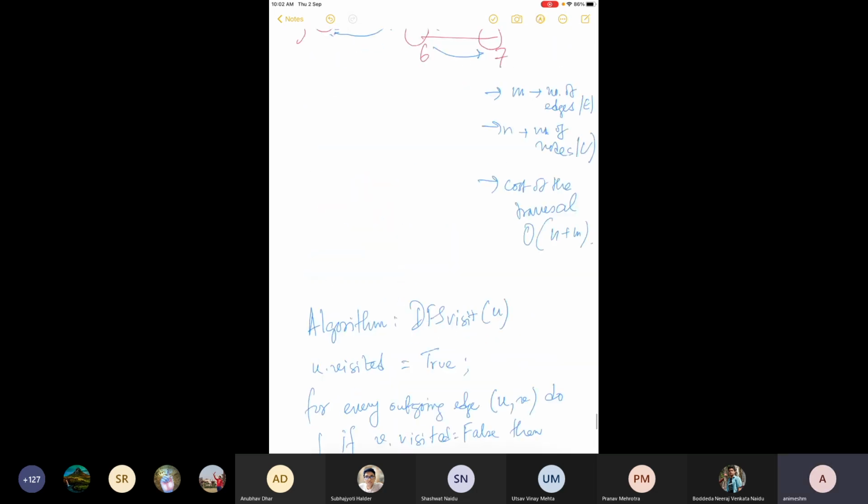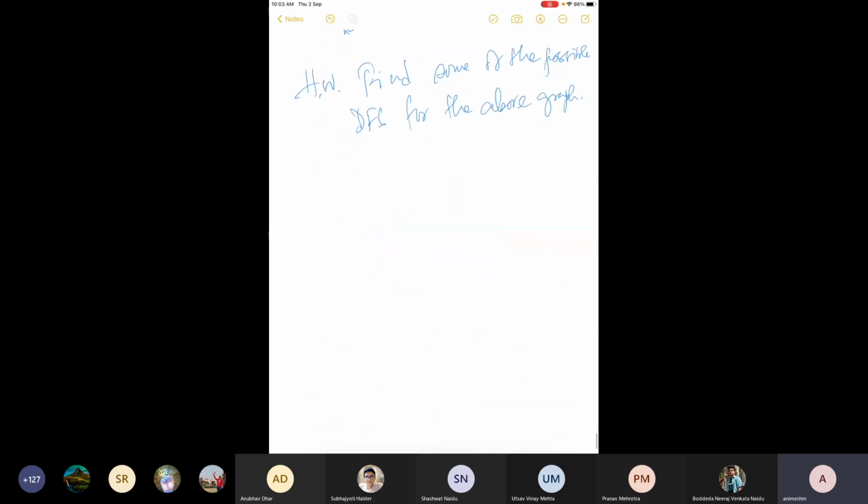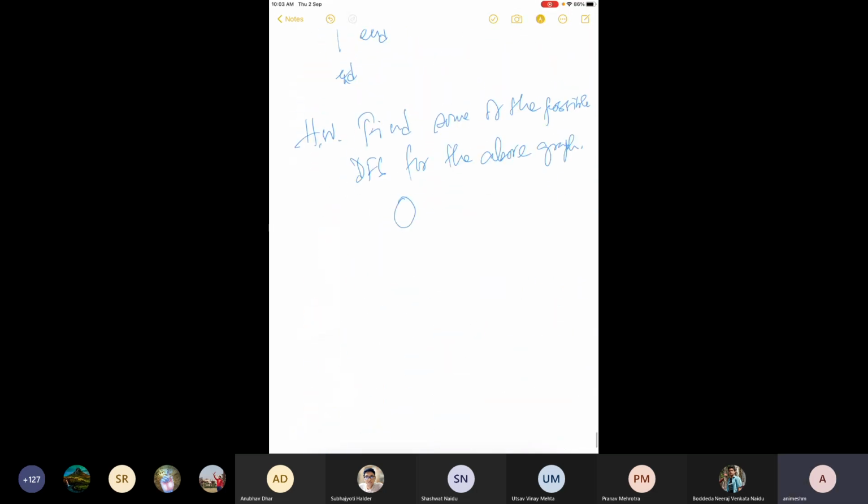So for this graph that I have drawn, let me draw it once more here. Try to find out some of the possible DFSs.